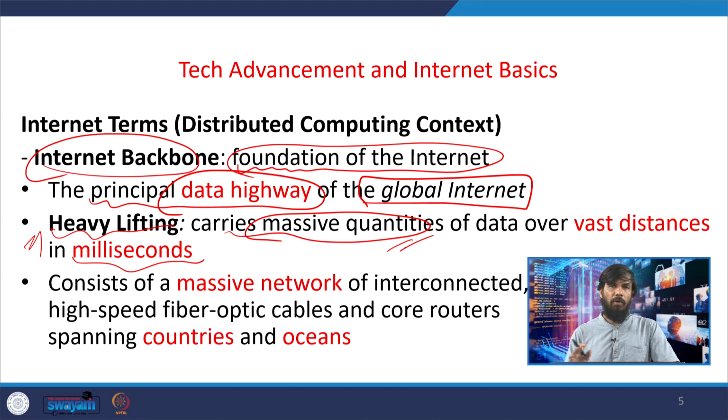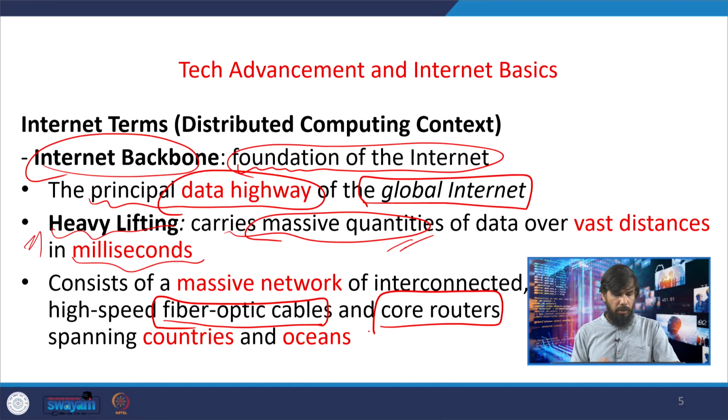It consists of a massive network of interconnected high speed fiber optic cables. So the backbone is actually made of fiber optic cables, right, and then there are core routers which span countries and oceans. So the connectivity goes through the oceans and countries, and there are core routers at designated places, and high speed fiber optic cables are used to manage the interconnection of this whole massive network.